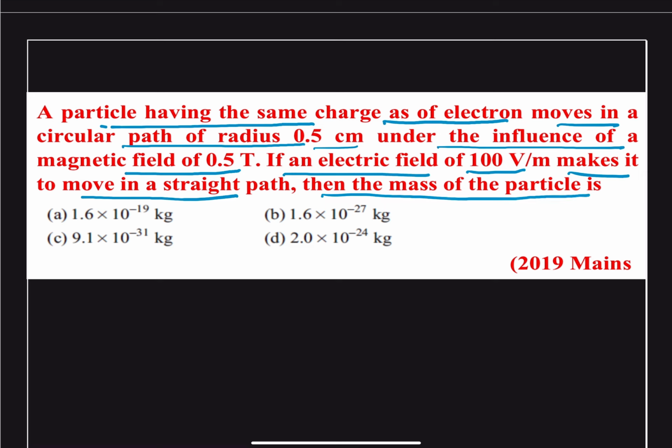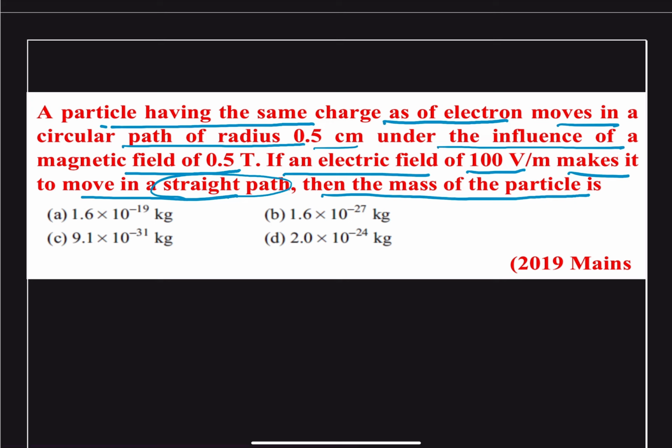So it means here we are having two fields, one is magnetic and one is electric. So the electric is going to provide it the force, that we can say velocity, and it is also said that it moves in a straight path.